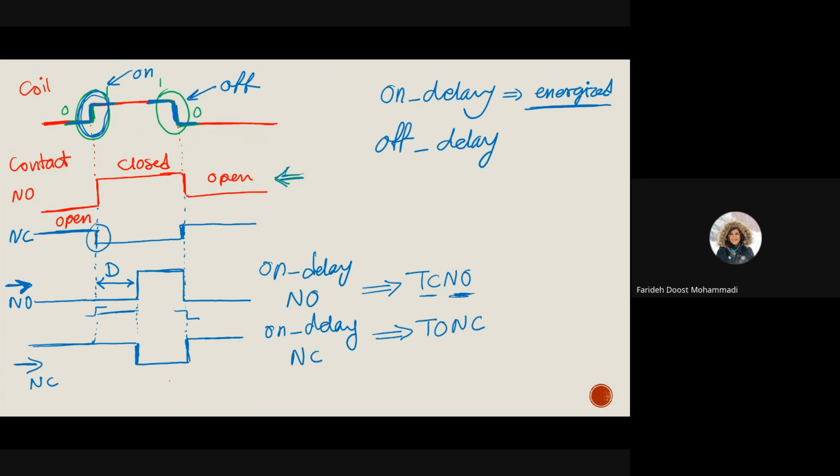And the other one requires time to be open, so it's timed open, normally closed. If you have any of these two on your timer relay, then that is referencing the on delay scenario. So this is the contact type, and then the combination shows that this is an on delay. Any questions here on on delay, normally open or normally closed?